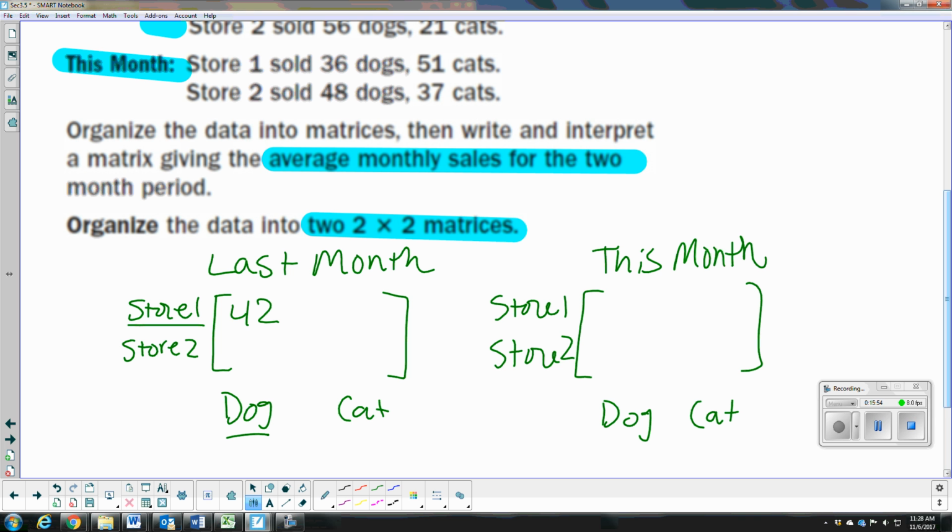Store 2 had 56 dogs. Store 1 had 33 cats. Store 2 had 21 cats. This month, store 1 had 36 dogs and 51 cats. And store 2 had 48 dogs and 37 cats.